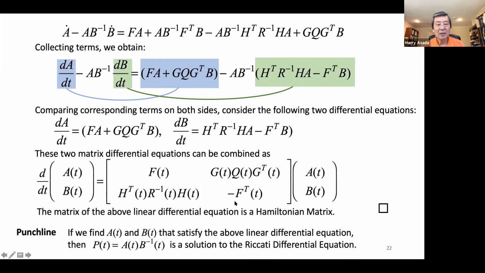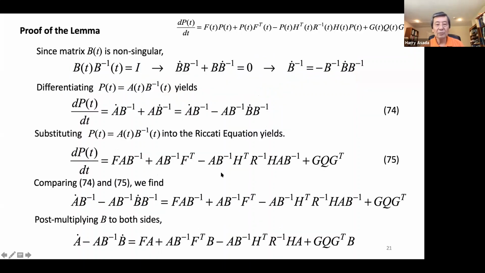Because A and B were created through this process, I'll push a slide backward. You remember that P(t), given by A B inverse, is plugged into the Riccati differential equation, and then we got these equations, right?